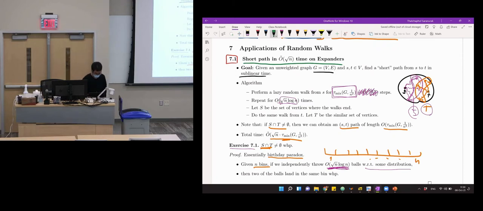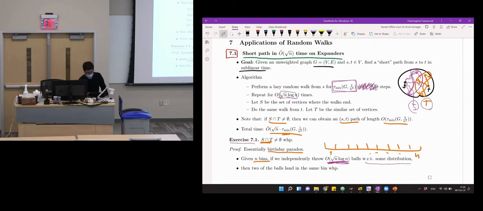And I said that if you do square root n random walks from S and square root n random walks from T, and do it long enough such that the random walk mixes, you go according to the distribution of the degree. So each node is random, proportional to the degree.